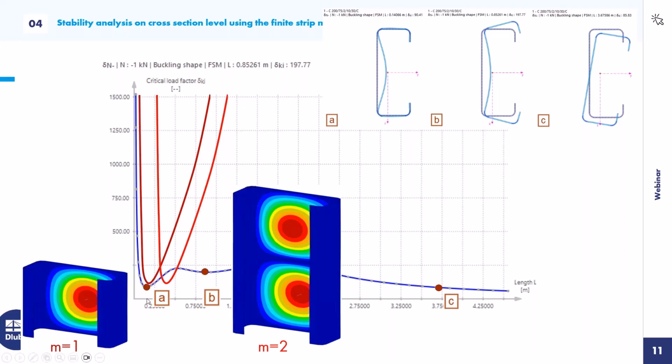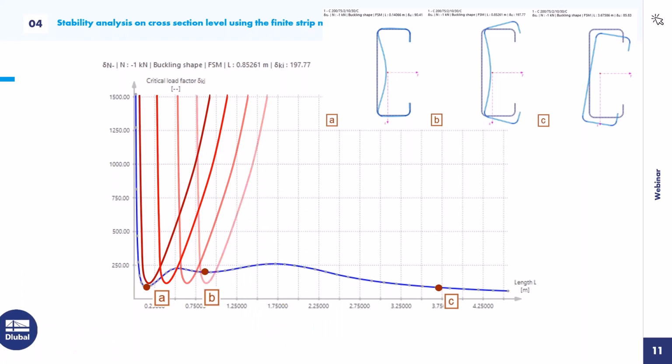Here, the first critical member length was 14 centimeters, but at 28 centimeters we have a similar bifurcation load, just that we have a multi-wave local buckling in the web. And we have multiple of these curves, so we should take the minimum bifurcation load for local buckling or also for distortional buckling as a straight line in this dialog.